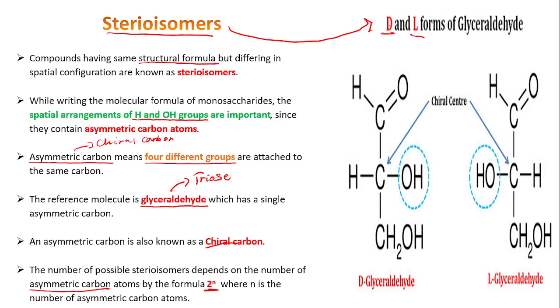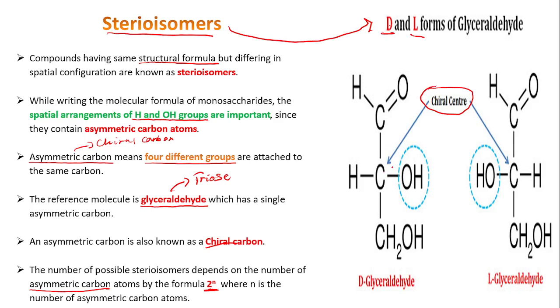This carbon here, if you observe, what is down here is different from what is on top, and what is on the left is different from what is on the right. As a result, this carbon is known as the chiral carbon or the chiral center, or the asymmetric carbon.